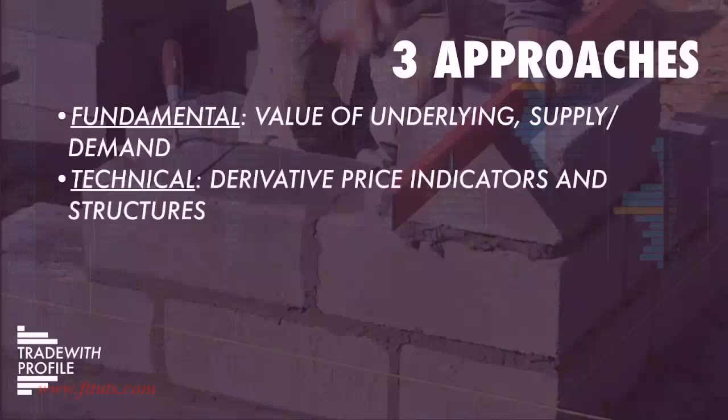Second, technical. So these are traders who build their perspective, they don't look at the fundamentals. They don't really care about underlying value or supply and demand. What they look at are prices, patterns, and indicators and structures based on the arrangement of price.